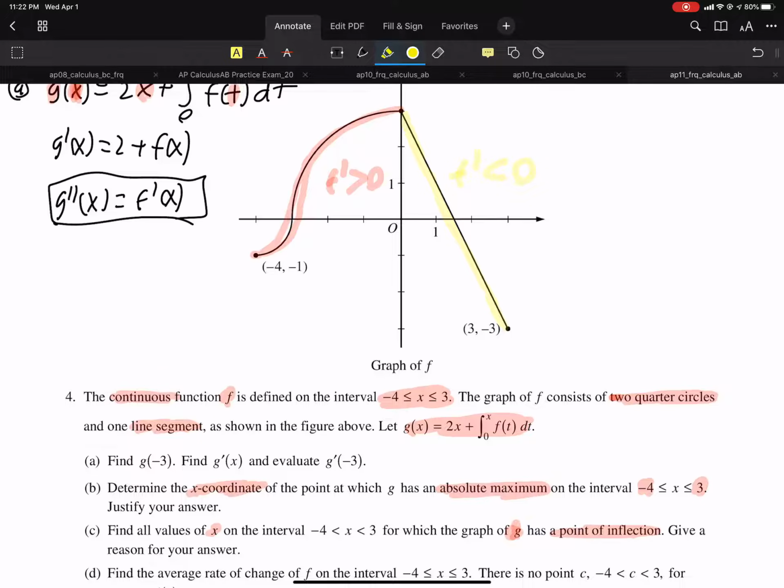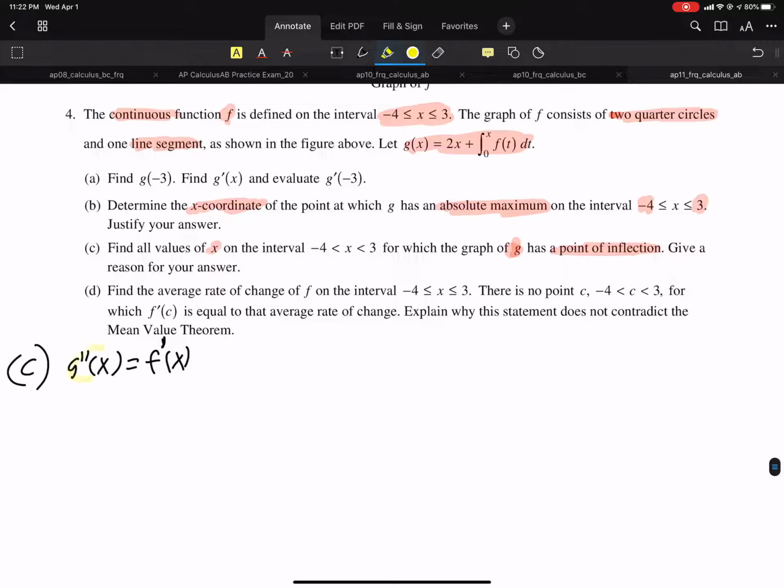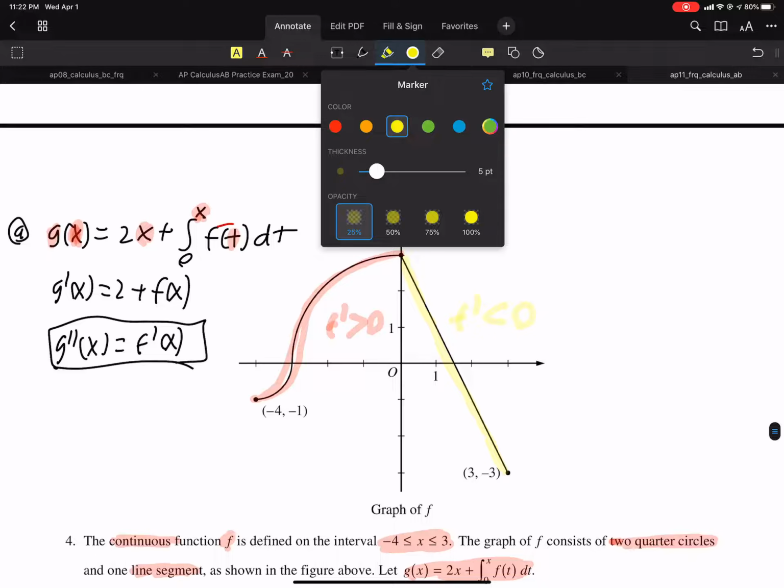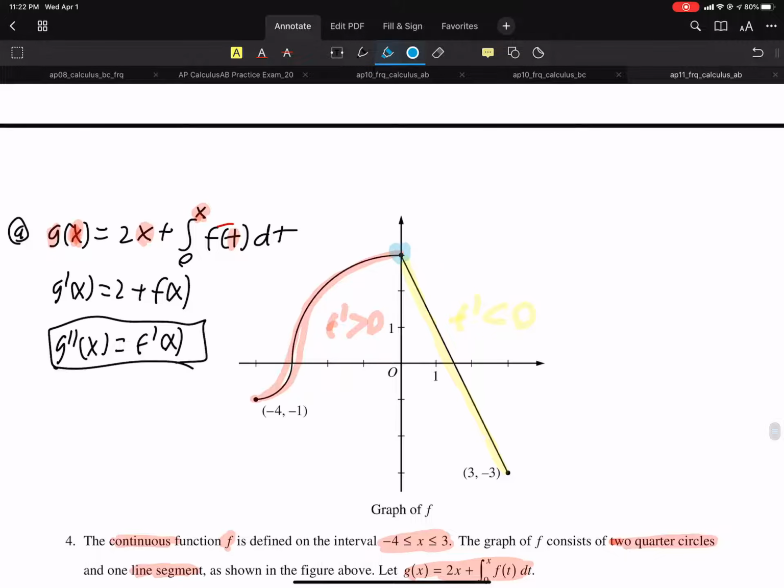But f prime is g double prime. So if you look at that, f prime changes signs, or g double prime changes signs, right at the apex there. That means that's where my inflection point is. But that's my final statement. There's an inflection point at x equals 0 because the second derivative changes signs.